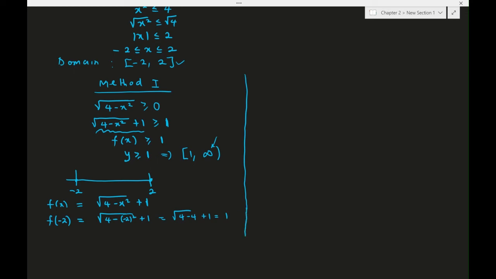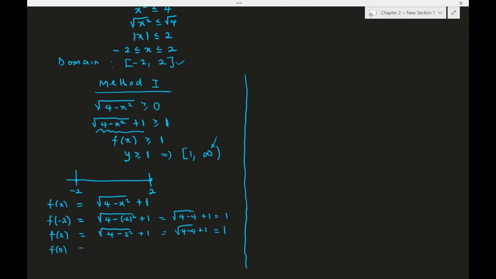This is just going to be 1, because this will be the square root of 0. Now, let's try the other endpoint, which is f of 2. F of 2 will be 4 minus 2 squared, also plus 1, which is also 4 minus 4 plus 1, which is 1.